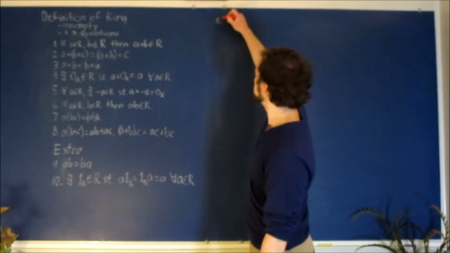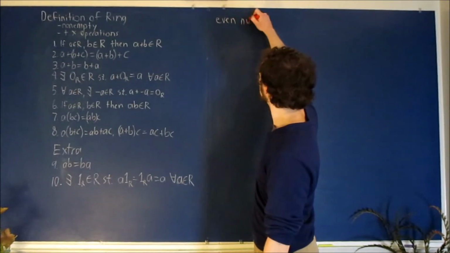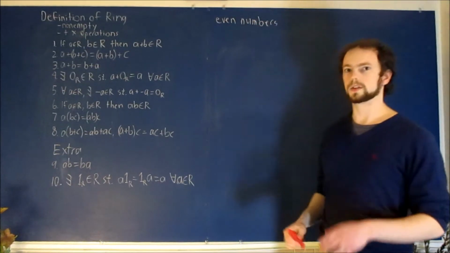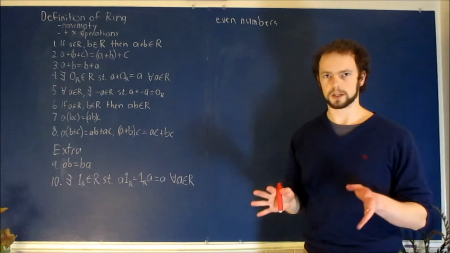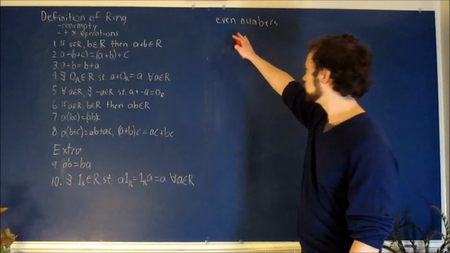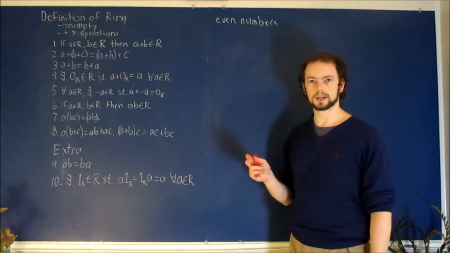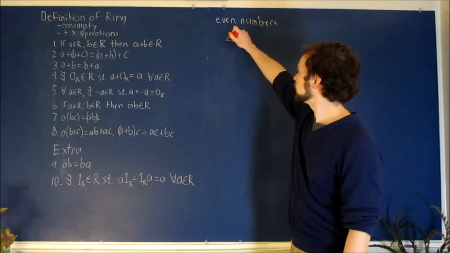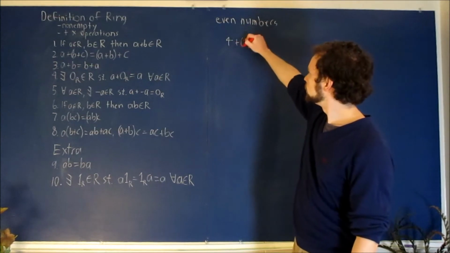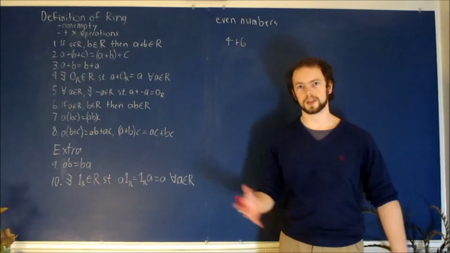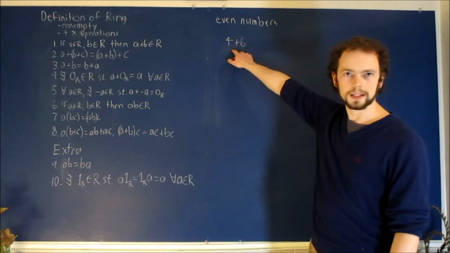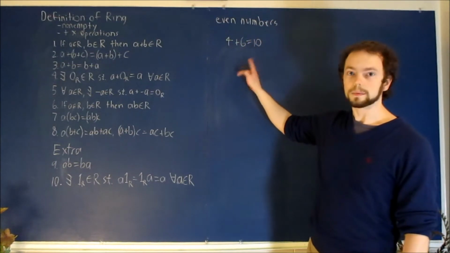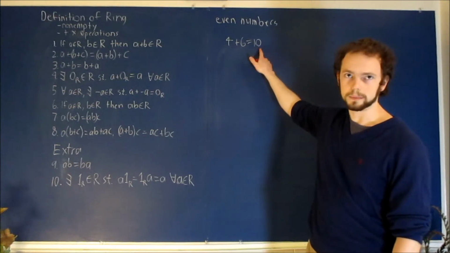So one example we could look at is the set of all even numbers or even integers. Okay, so if you take any 2 even integers, like say 4 and 6, and I add them together, you see in this case I get 10, and I get another even number.